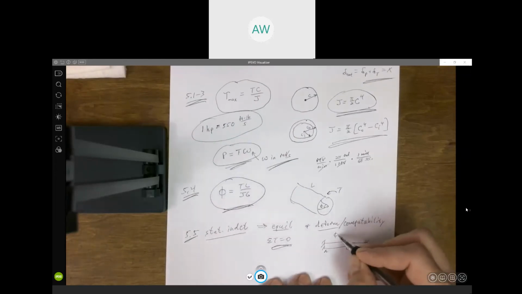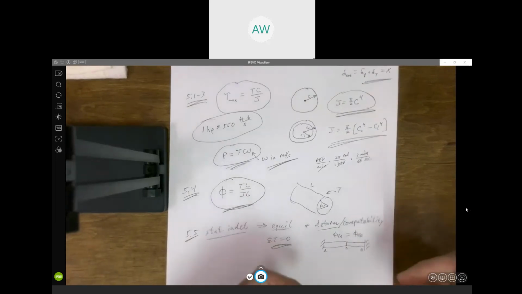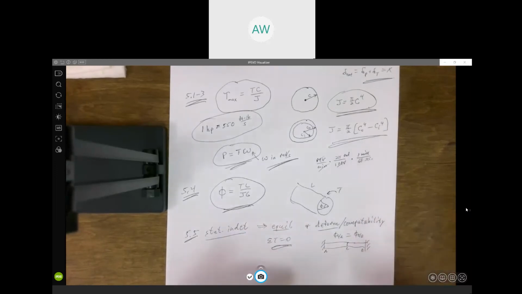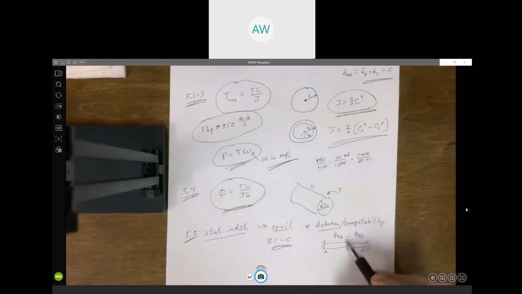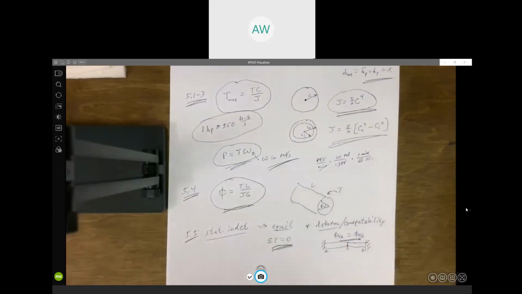So the angle of twist of C with respect to A has got to equal the angle of twist of C with respect to B. If it's not true, meaning one twists more than the other, it means it broke. So as long as it doesn't break, then that angle there has got to be the same. And again, the angle is TL over JG, and the sum of the torques equals 0. You've got to use a combination of what we know about equilibrium and deformation.